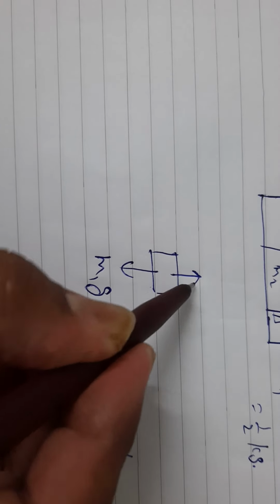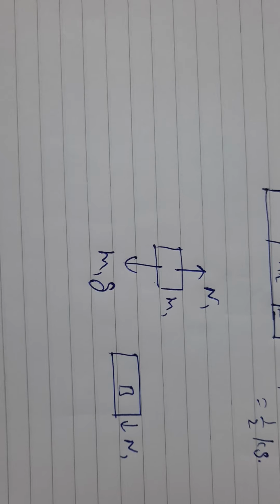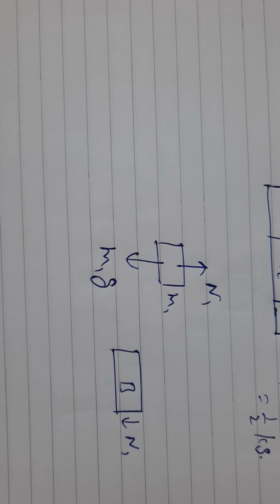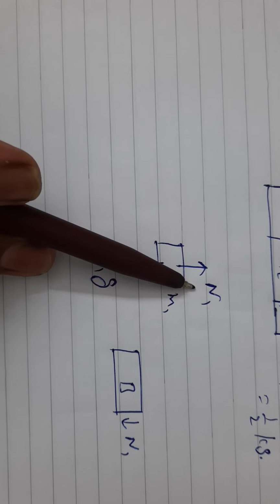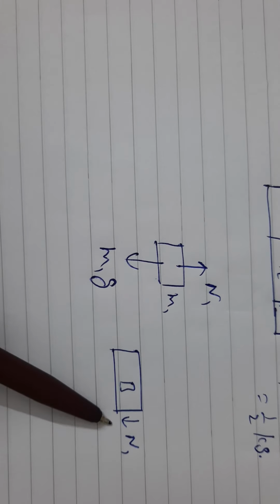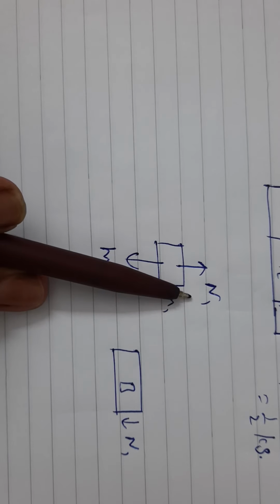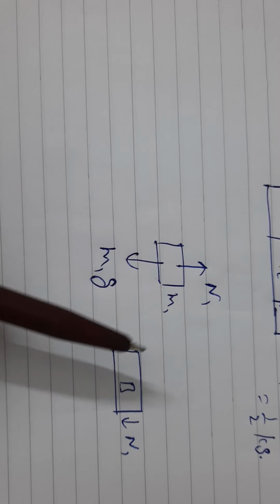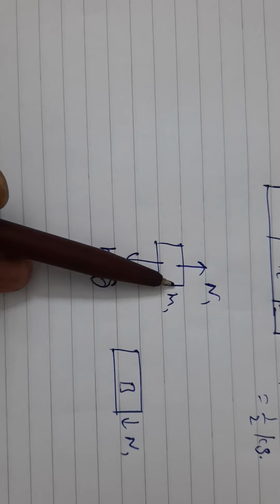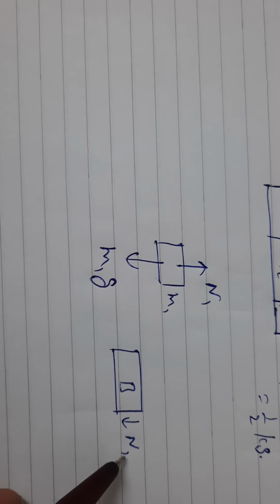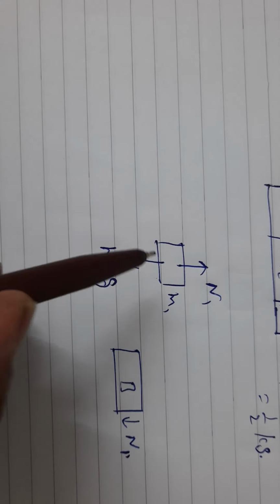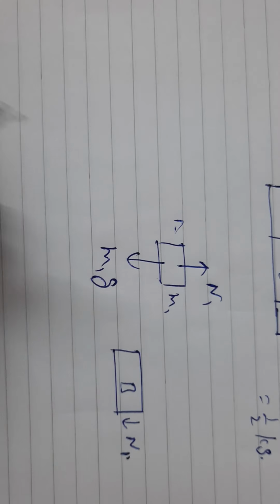Then in the form of reaction, this n1 works upwards on m1. Now this is the reaction on n1 and the same action is on B. Now this n1 is the force exerted by B on A, and this n1 is the force exerted by A on B. Action and reaction, equal and opposite, working on two different objects.